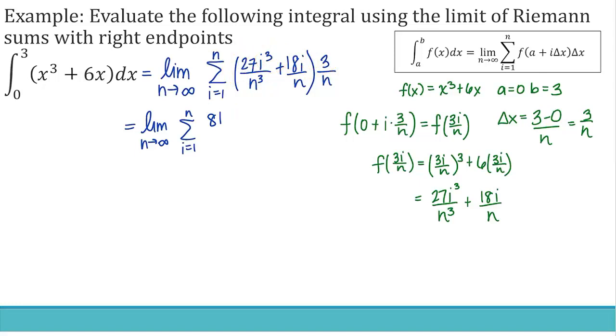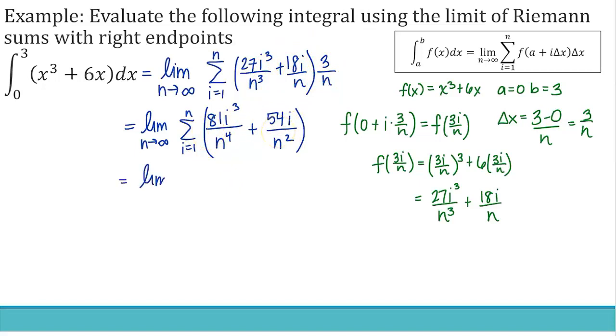I'll go back to blue here. 81i cubed over n to the 4th. So we're multiplying the n and n cubed. And then plus 54i over n squared. So again, just distributing 3 over n to each term. And then what I can do is break this up into 2 summations.